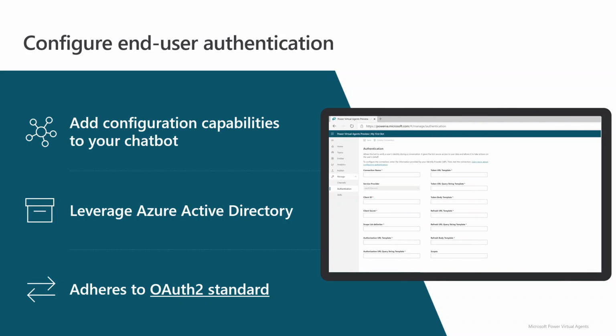So that's why you'd want to authenticate, and you can add it in really easily. It supports OAuth 2, so if you're technical, you know that's an industry standard. It also supports multiple providers, so you can leverage Azure Active Directory, absolutely. You can also use Google as a provider, or other services, LinkedIn, Microsoft consumer accounts.